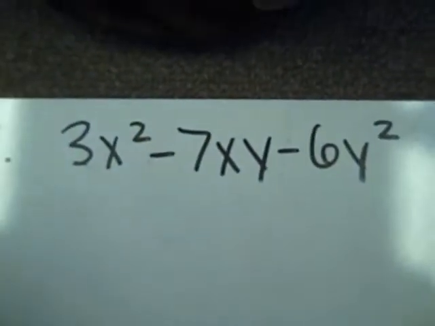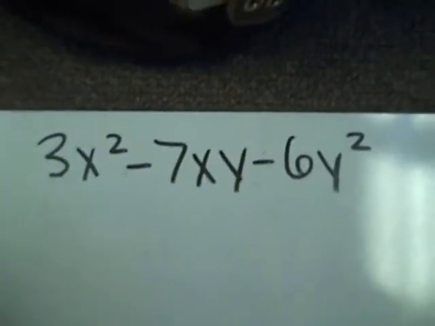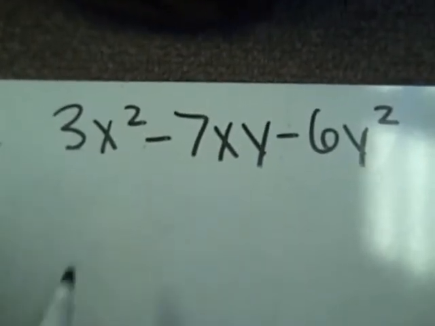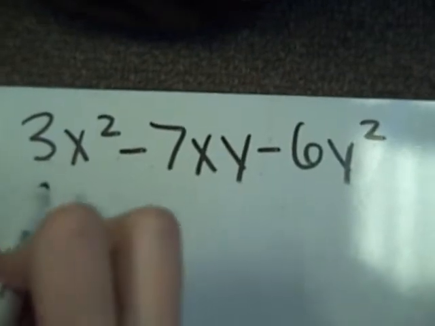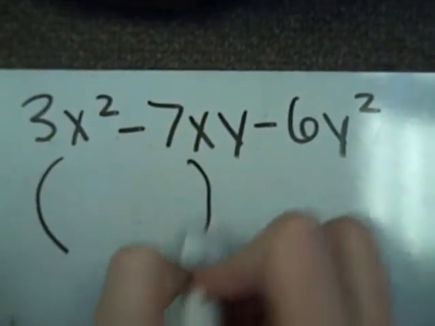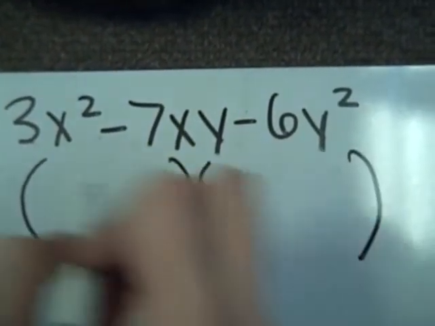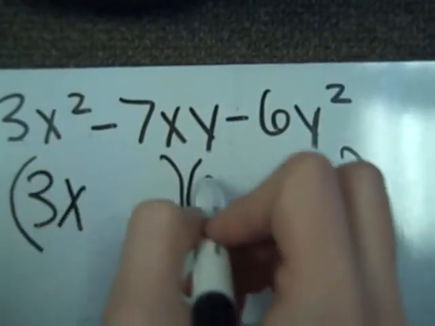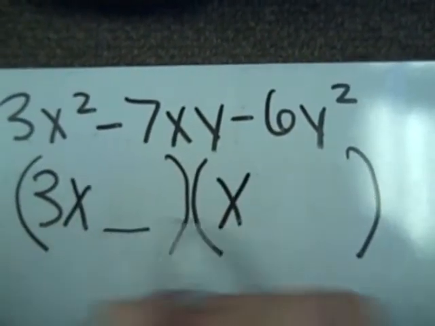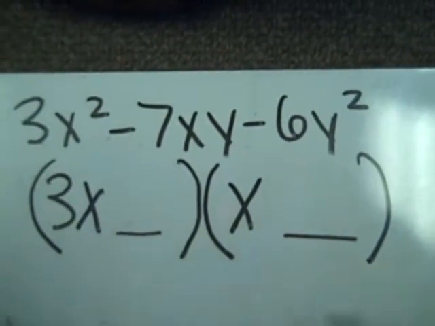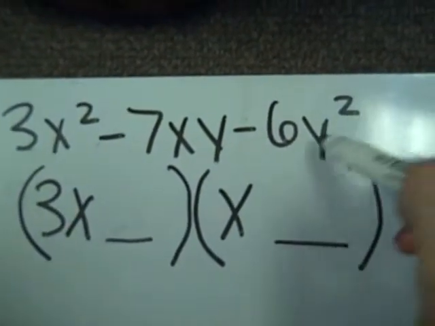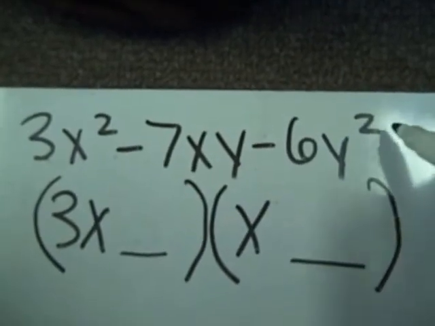A simpler problem to do is 3x squared minus 7xy minus 6y squared. First, we know that 3x squared can be separated into 3x times x. But we need two other terms to add or subtract in the parentheses. They come from multiplying to get negative 6y squared.